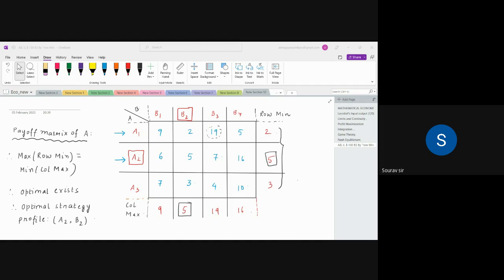So instead of finding the minimums at first, we would be finding the maximums, and then out of the maximums, we would be finding the minimum. Correct? Is it logically making sense to all of you? Any questions? Whatever we are doing for player one, the exact opposite thing we would be doing for player two.